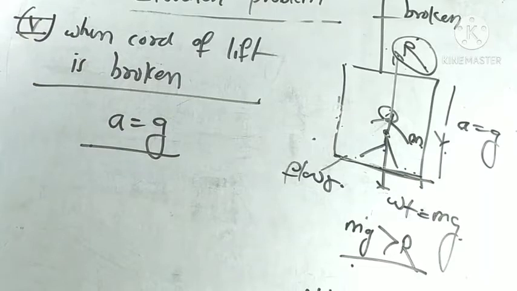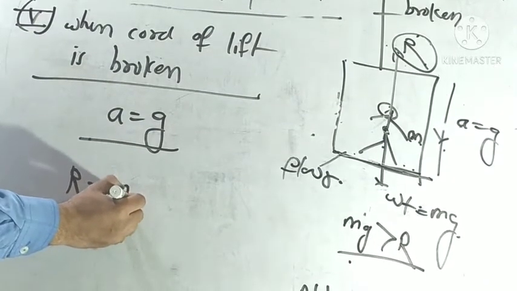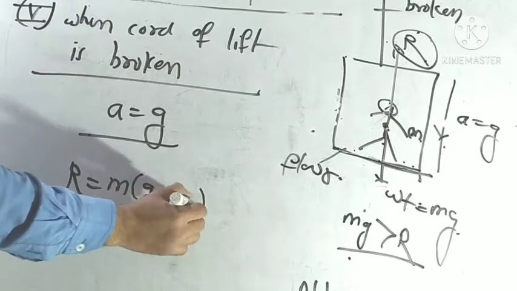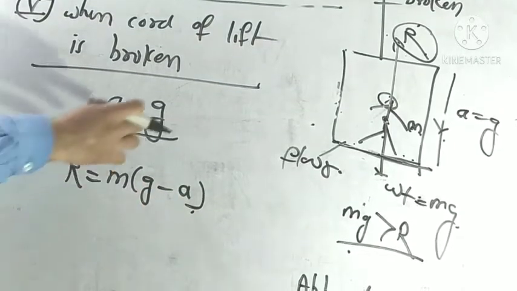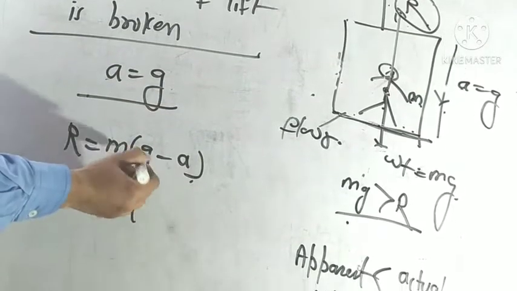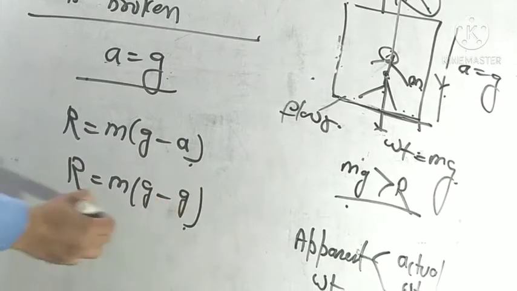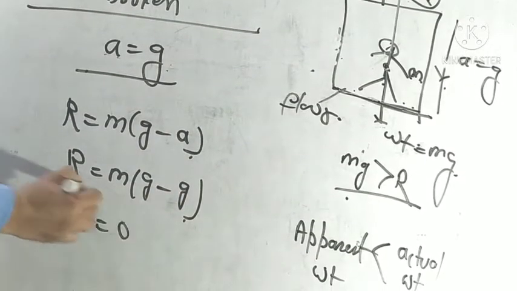Okay, and we use the formula here. We already know the formula R is equal to m(g minus a). We put a is equal to g, so finally R is equal to 0.